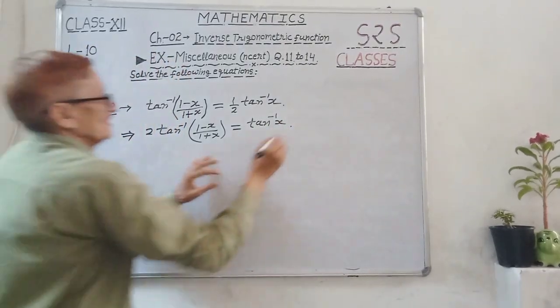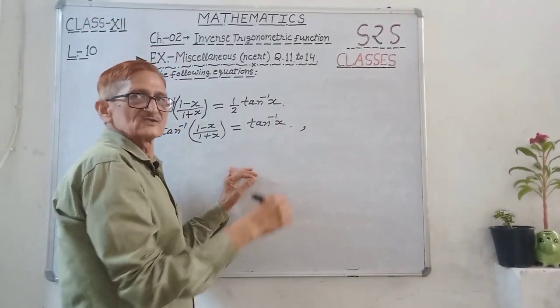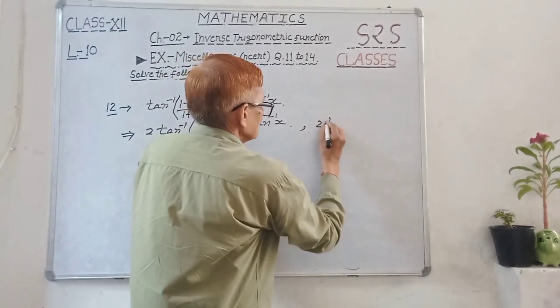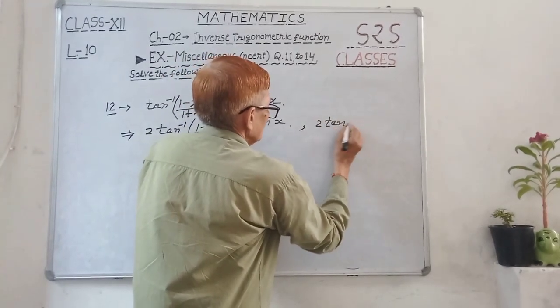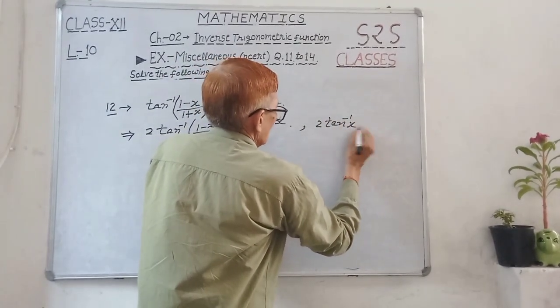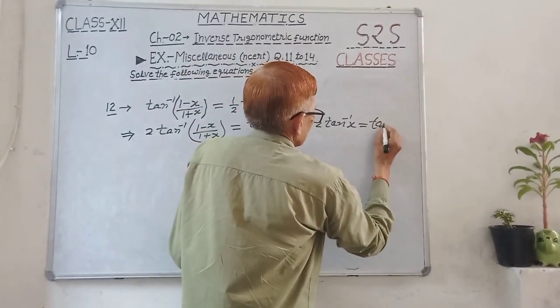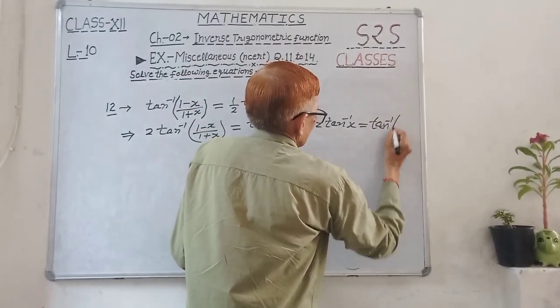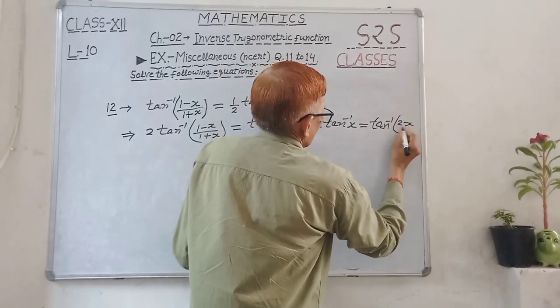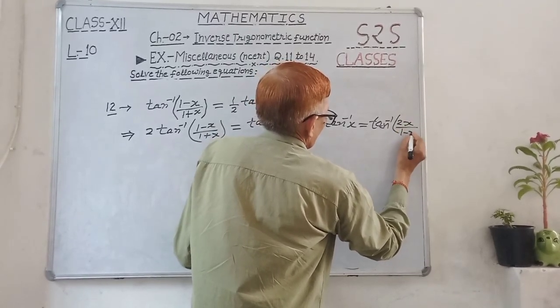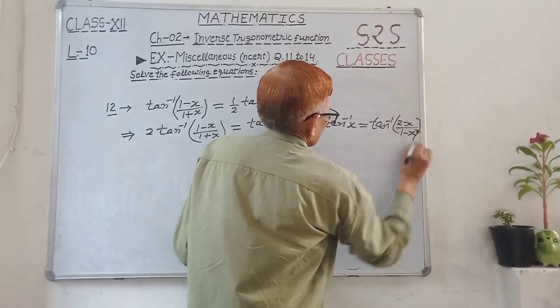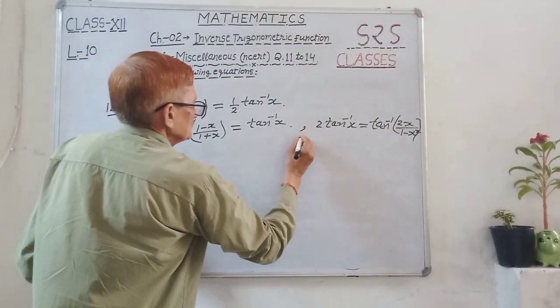Now the formula is the same as used in the last question: 2 tan inverse x is equal to tan inverse 2x upon 1 minus x square. Okay, use this.